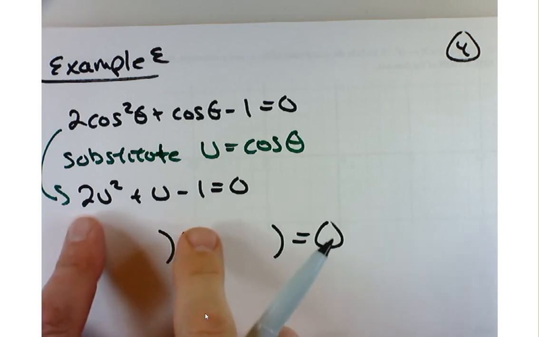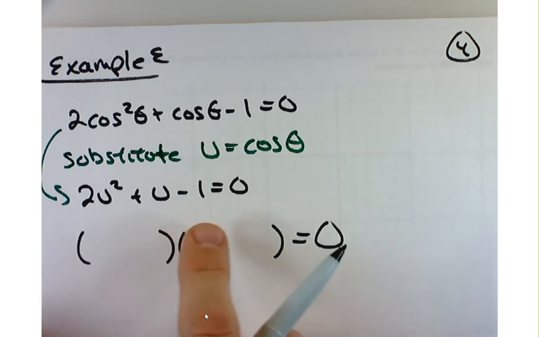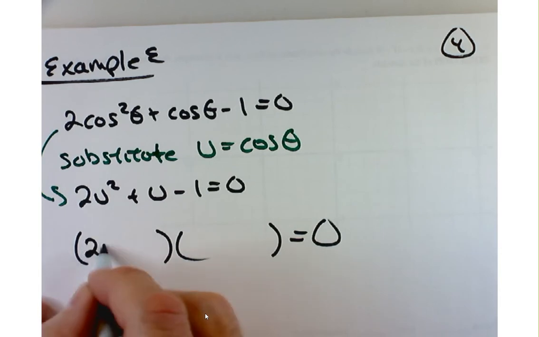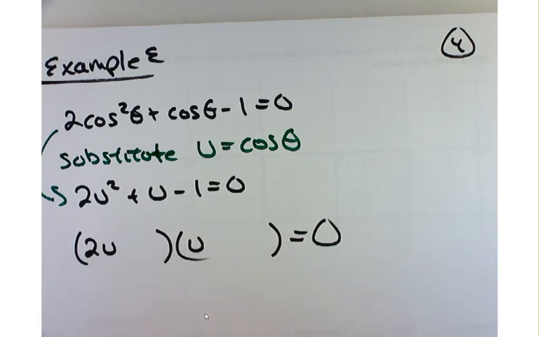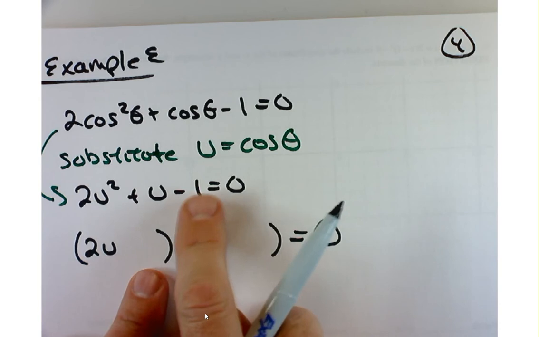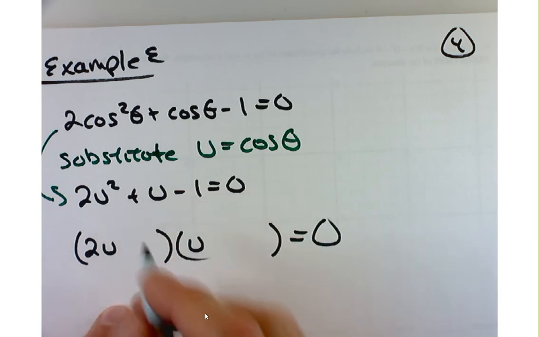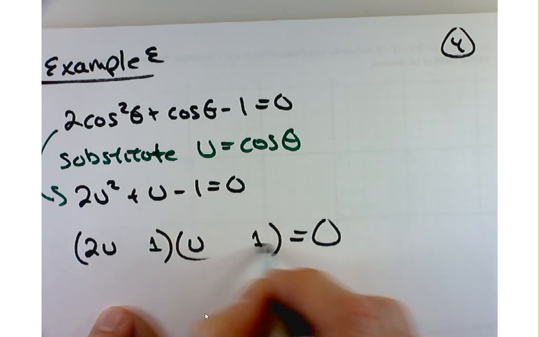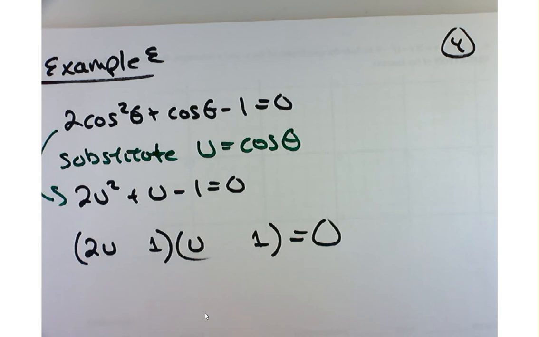because it's going to factor into two binomials, the first of which has to have a 2u and the u. Right? The first two numbers have to multiply to this one. The last two numbers have to multiply to -1. Well, fortunately, there's not too many choices of things that multiply to 1. It's just 1 and -1.